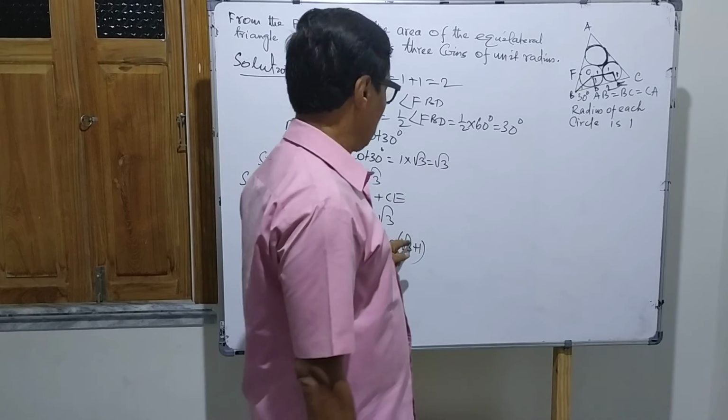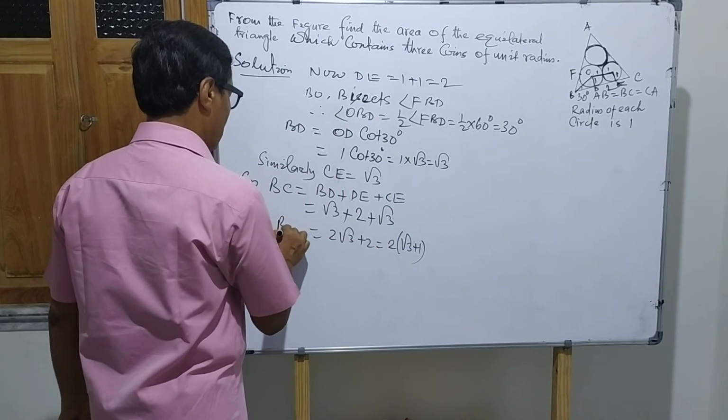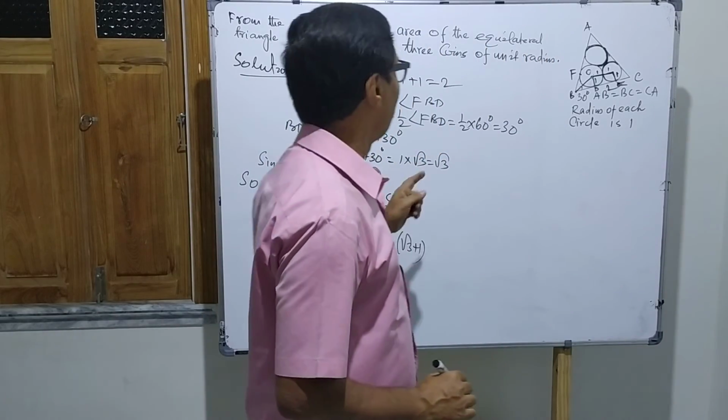This is the value of BC. BC equals 2 into root 3 plus 1.